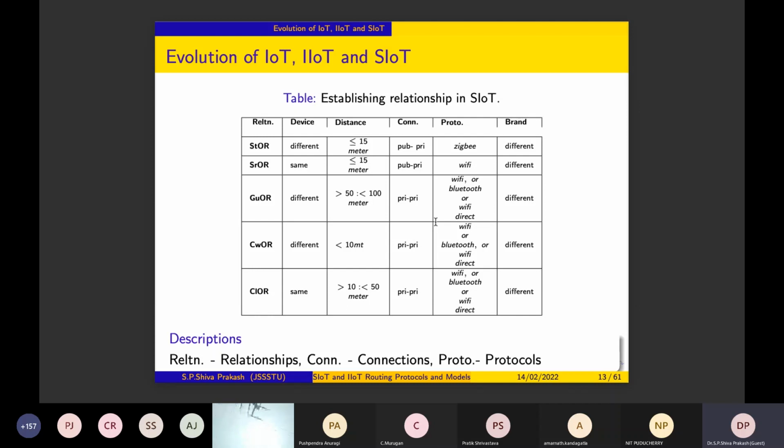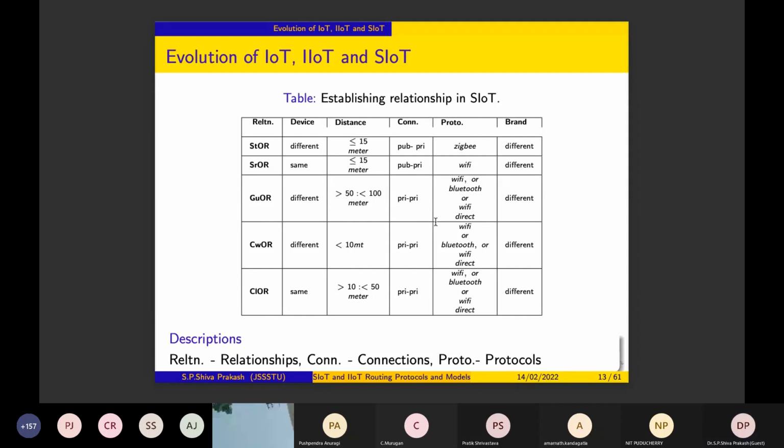And one more important parameter is the number of meetings. If two devices are frequently meeting, then we won't call it a stranger object relationship. Each object relationship is established through these parameters.